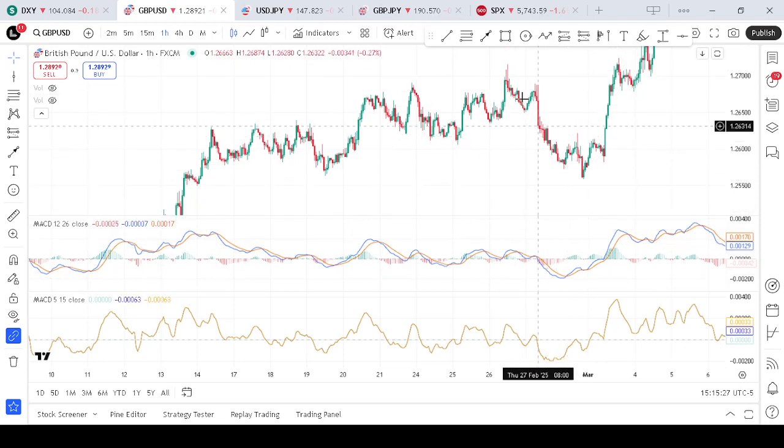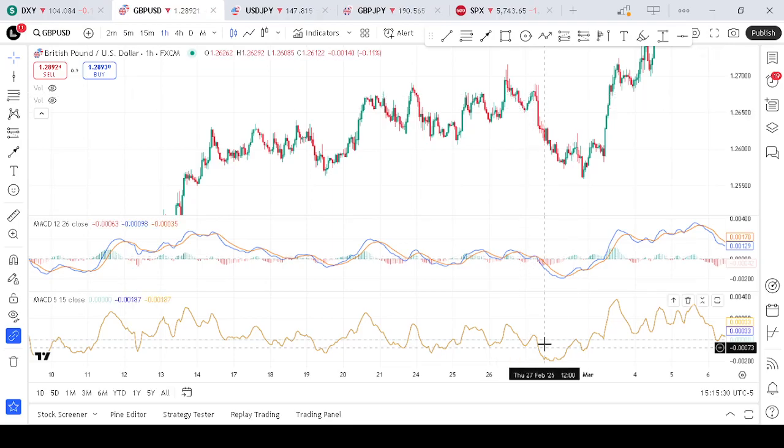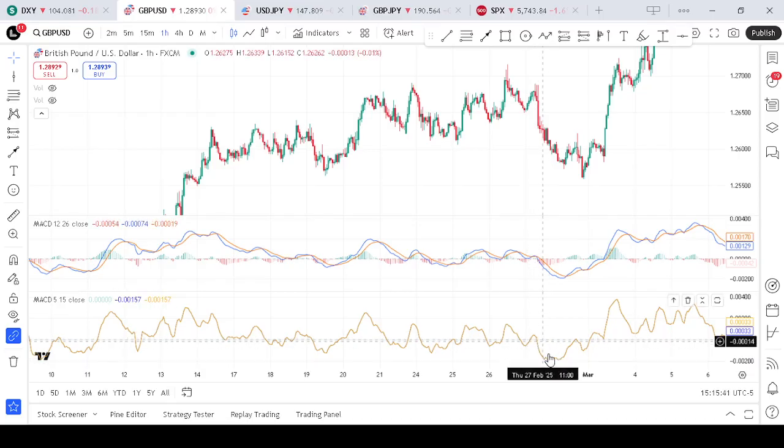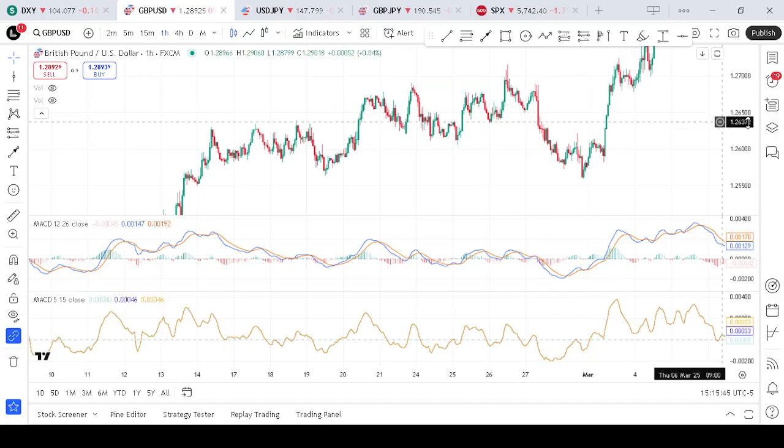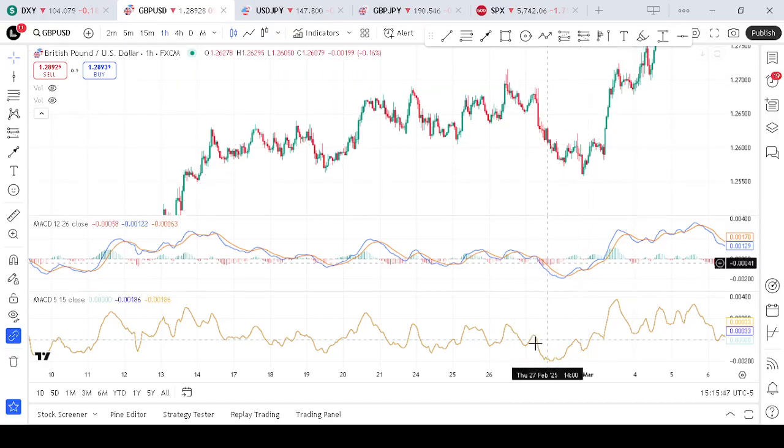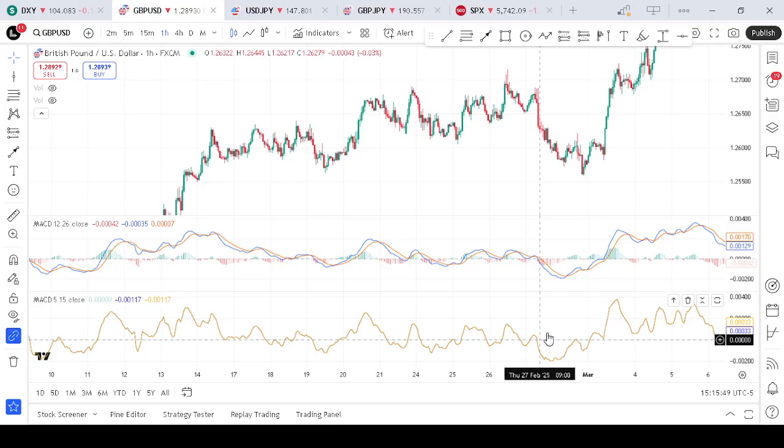As you can see, if you want to enter at this area, the MACD line gives you a clear opportunity to do that. When the faster MACD line starts trending to the downside, you know this is going to be a selling opportunity, and that is what you are going to capitalize on according to the faster MACD.